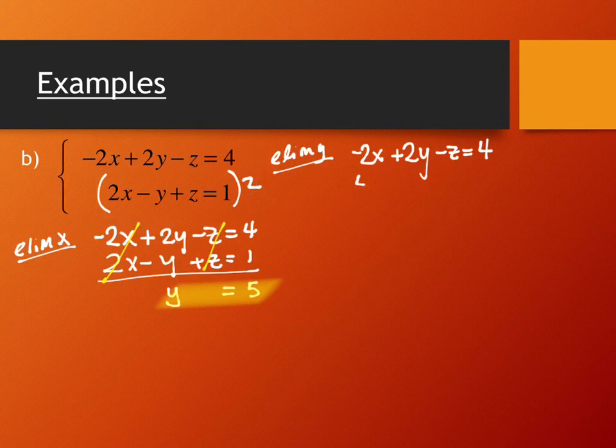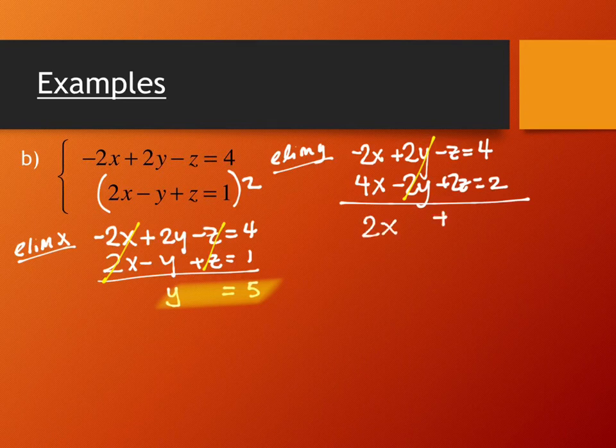So I have 4x. I have minus 2y, which is going to allow me to eliminate it, and then plus 2z equals 2. So these add to 0. The z doesn't disappear this time, right? It disappeared on the last one, but it doesn't disappear this time. So on this one I have 2x's left, I have a z left, and it equals 6.